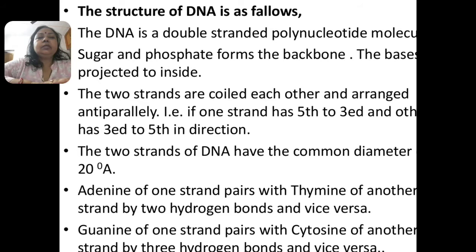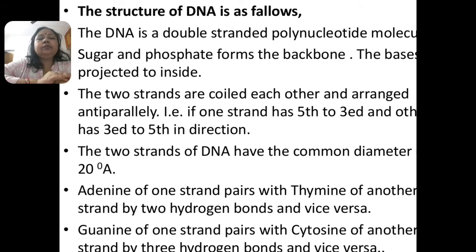The two strands are coiled around each other and arranged anti-parallel. It means if one strand runs 5' to 3', then the other runs 3' to 5' in direction. The common diameter between the two strands of DNA is 20 angstrom.